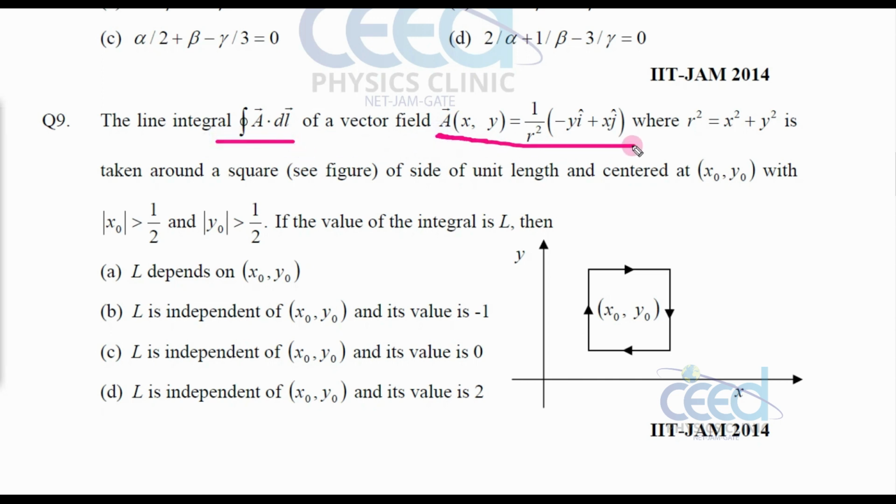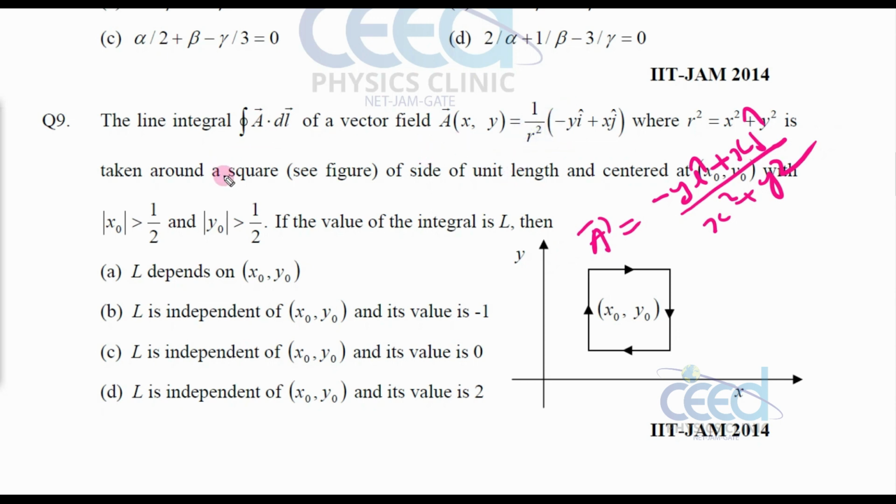A is given, and we can write A is equal to minus y i cap plus x j cap divided by r square, that is x square plus y square, right? So to calculate this line integral, instead we can convert it into a surface integral, that is the surface integral of del cross A dot dA, by Stokes theorem.